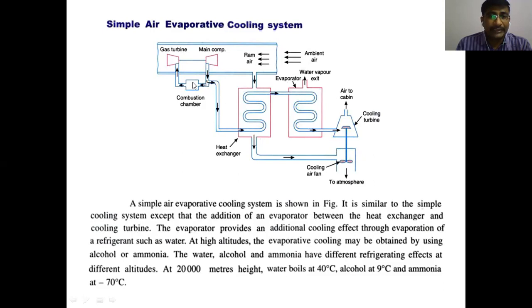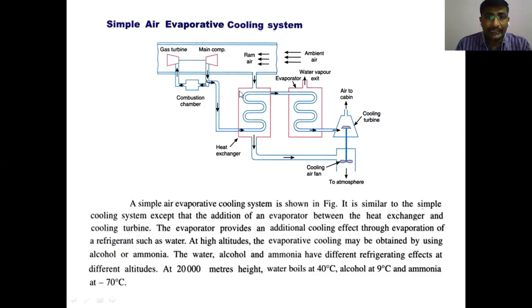Some of the air is sent to the combustion chamber to produce thrust, and the rest of the air is diverted towards the heat exchanger to be cooled. Clear, students? This air is cooled by the ram air, which is taken from the aircraft after compression in the diffuser.